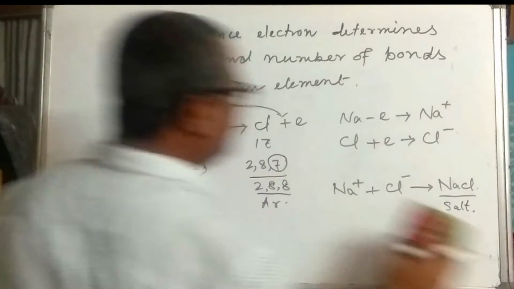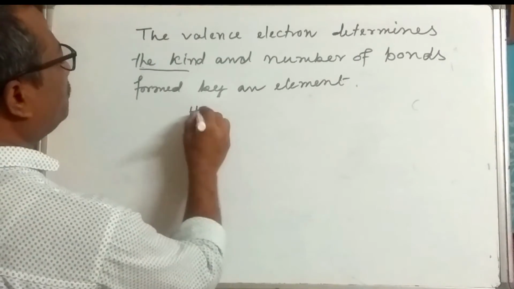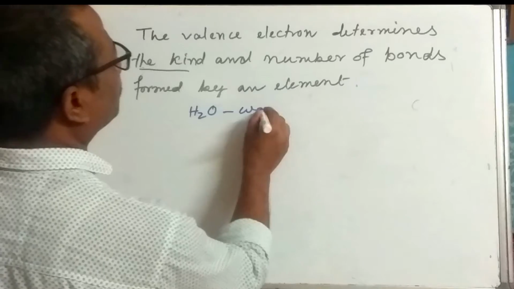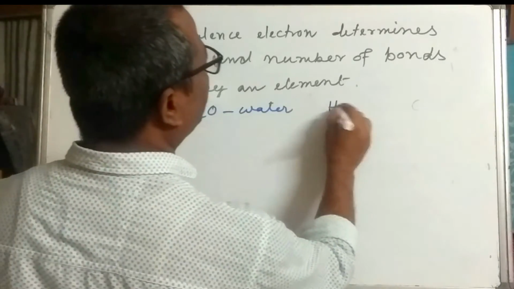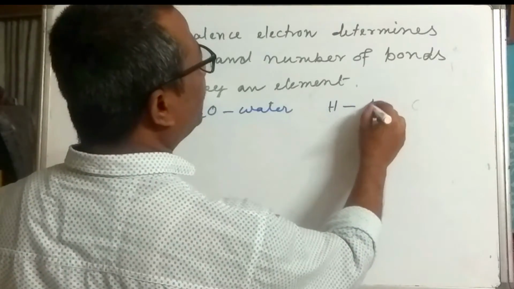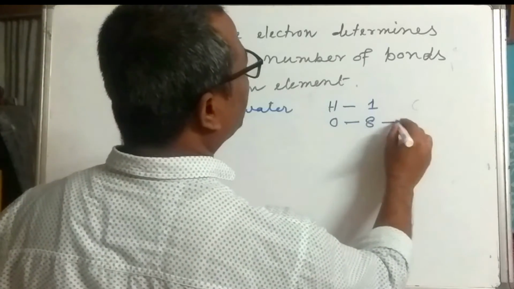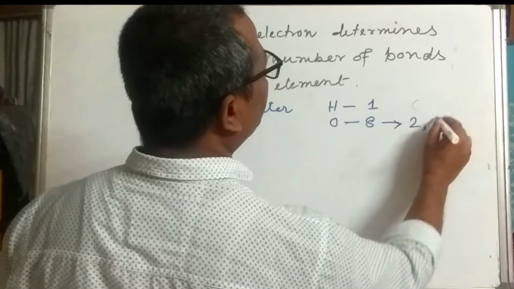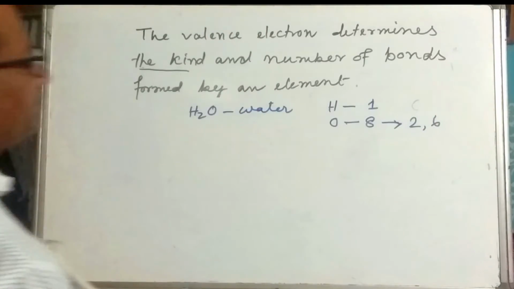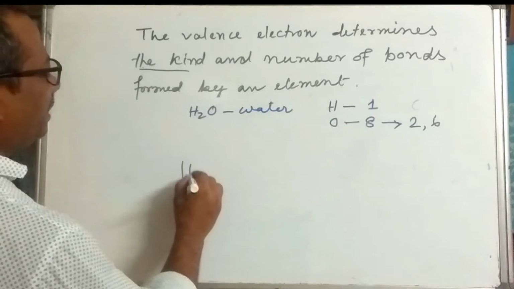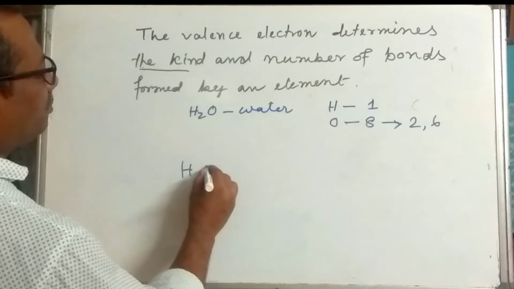Now another example we will take is H2O. It is known as water. The electronic configuration of hydrogen is 1 and oxygen is 2, 6. Now this is the hydrogen, it has 1 electron.